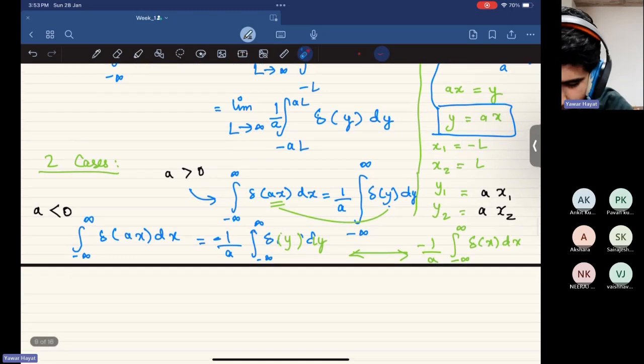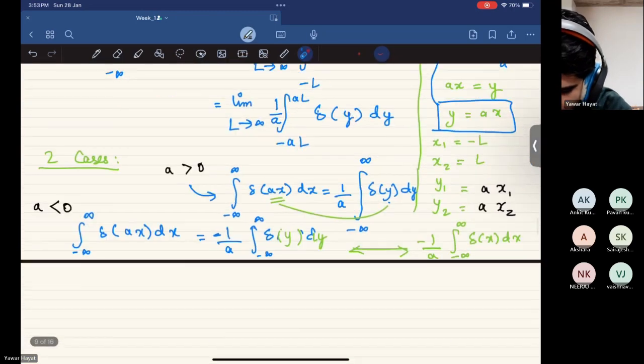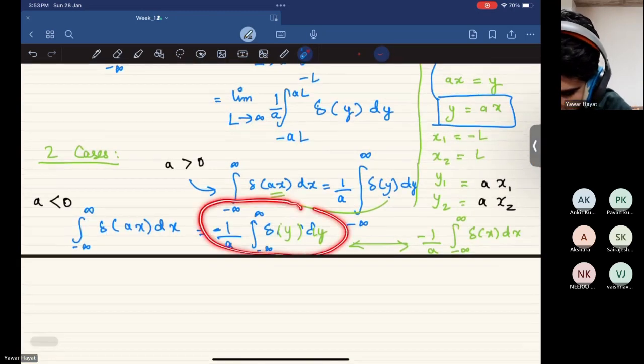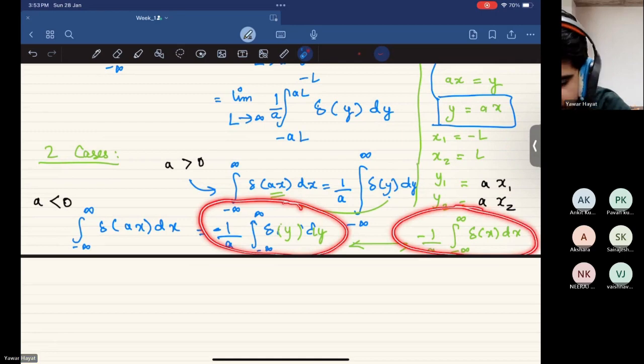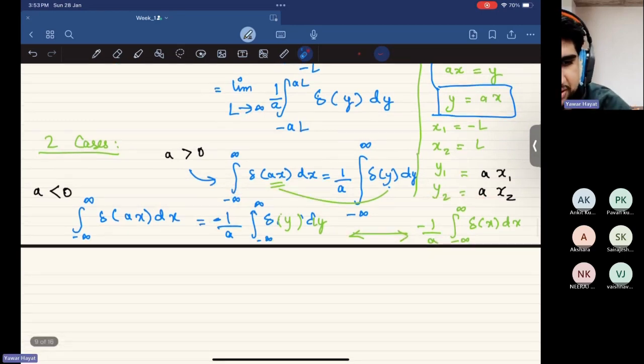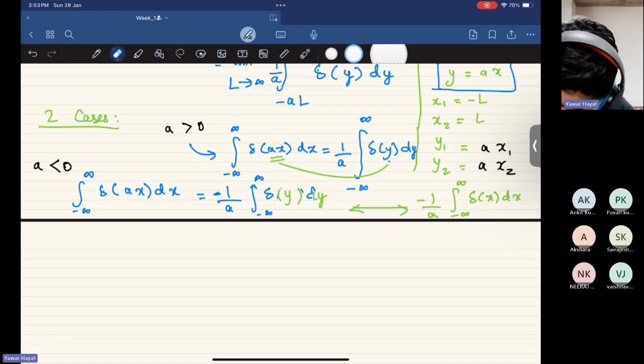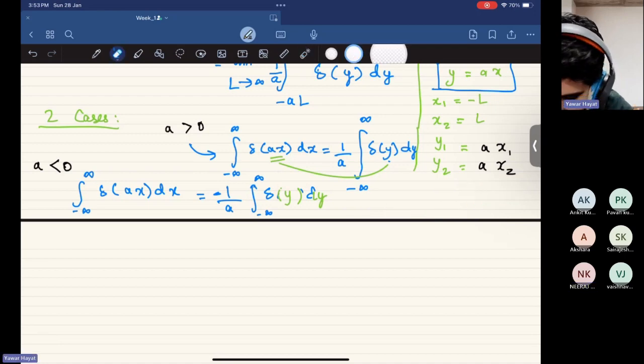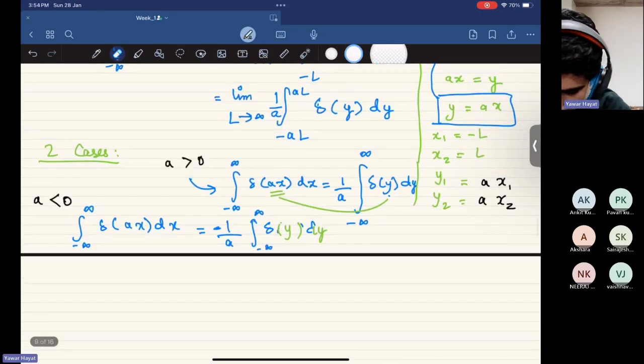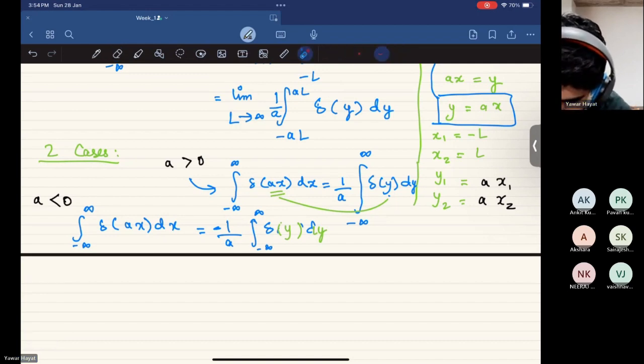This is simple. If this and this are same, because what we essentially are doing is just changing the variable of integration. It could have been z, right? I don't have any issue. Or do one thing, keep it like this. We still proved it. Then don't even change it for this.